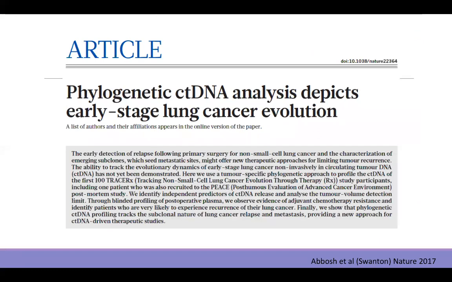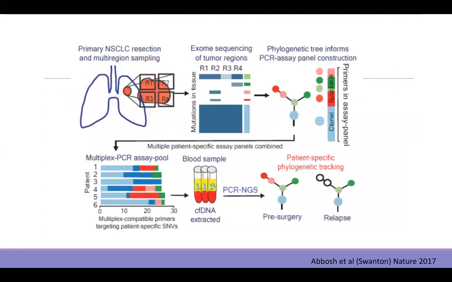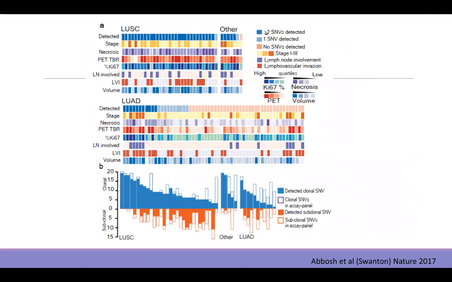And the other value of ctDNA analysis is to have phylogenetic analysis done. This is actually done in autopsy patients. And you can draw pre-surgery and at relapse phylogenetic tree of the different clones. This way you'll know which clones are new, which clones came in as a resistant clone.